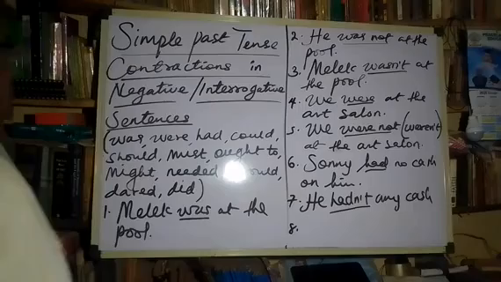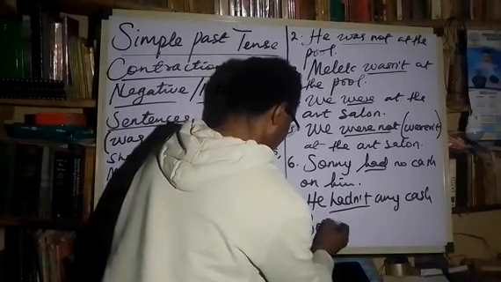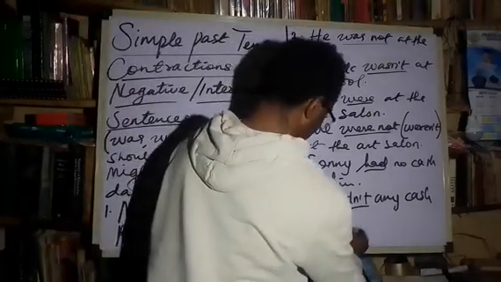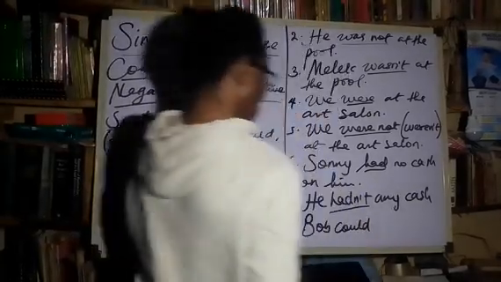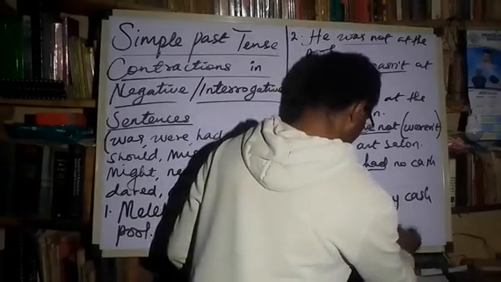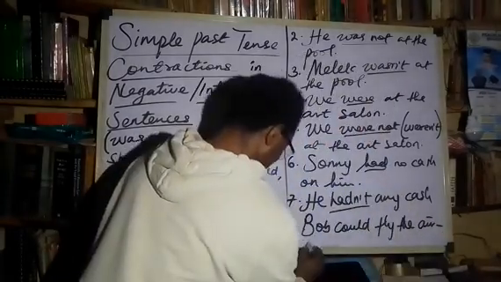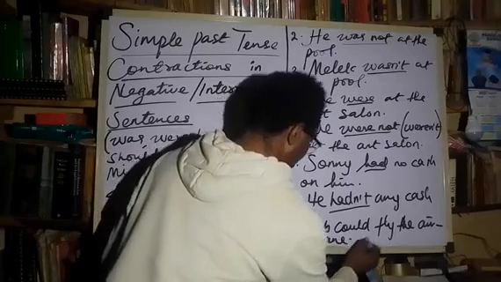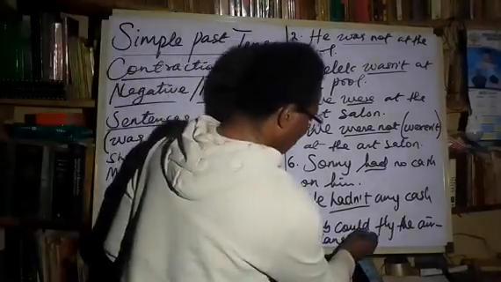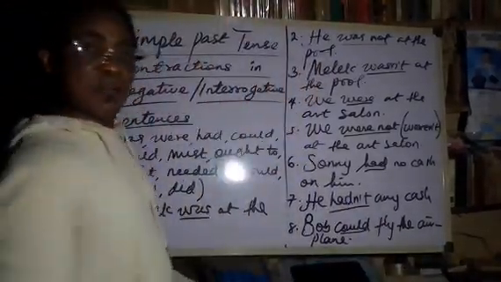Sentence 8 says, Bob could fly the airplane.